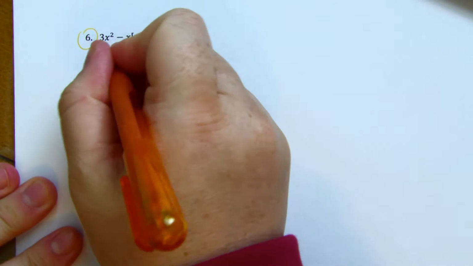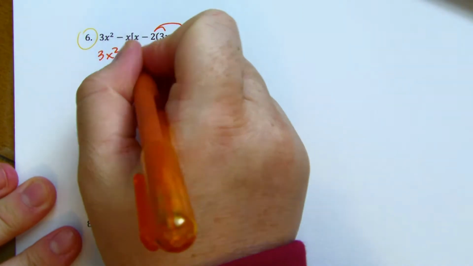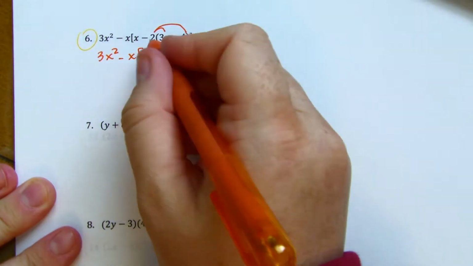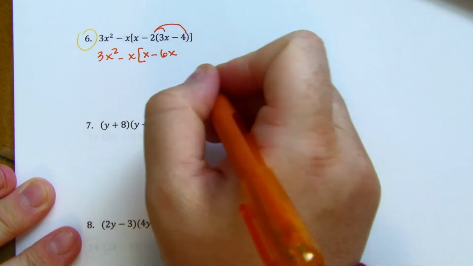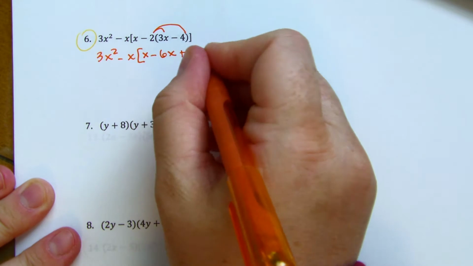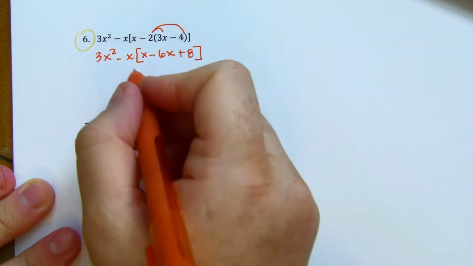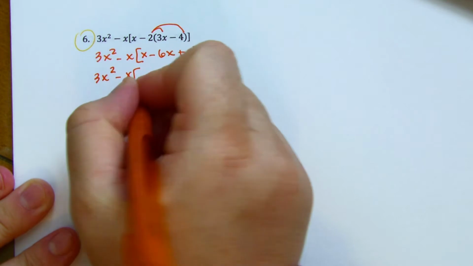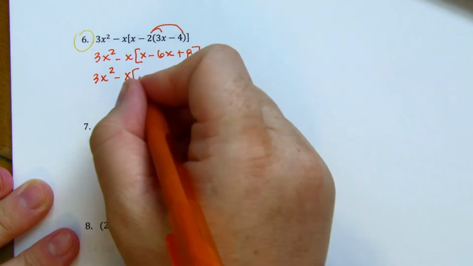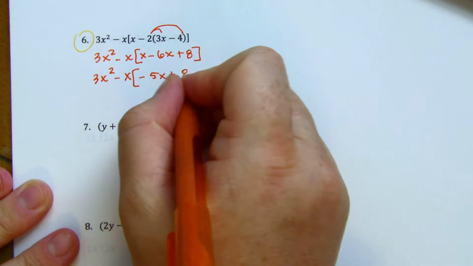So I have 3x squared minus x. Again, we're just bringing the rest of this down. -2 times 3x is -6x. -2 times -4 is positive 8. And inside those brackets now I can simplify what I have. x minus 6x is -5x plus 8.